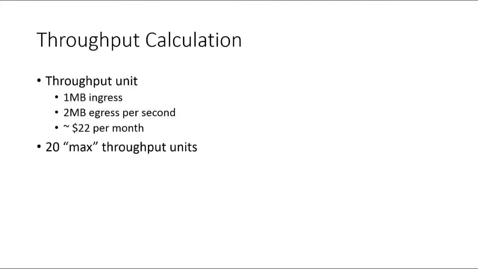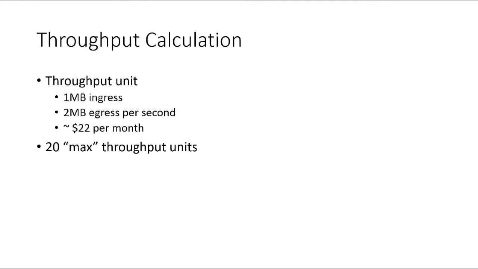First, it's important to understand this is a cloud service. Cloud services are always metered. You pay for usage. In Event Hubs, you're paying for throughput units. You get 1 megabyte of ingress, that's data coming into the Event Hub, so your writes to the Event Hub, and 2 megabytes of egress per second.